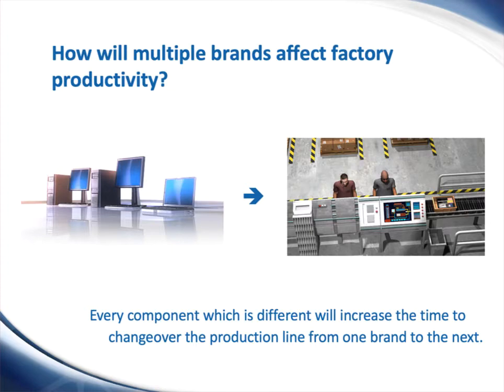So every component, of course, which is different, will increase the time to change over in the production facility when it comes to producing one brand or the next. And as you will find out in your production and operations manual for the simulation, that changeover has, of course, a cost implication.